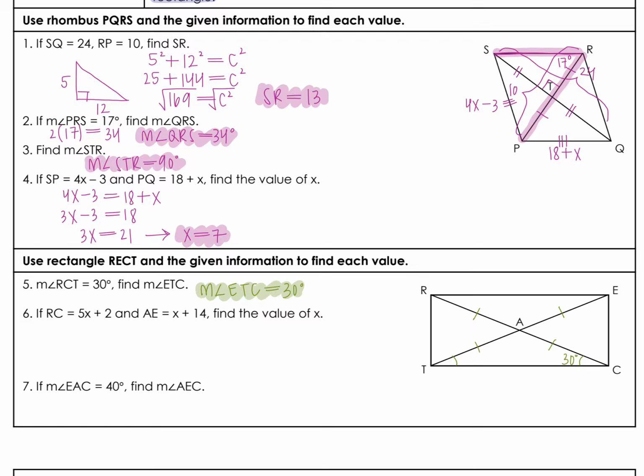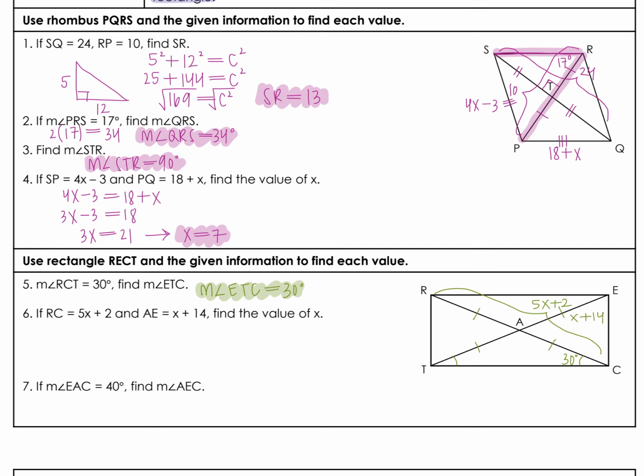Okay, so moving into number 6, we have if RC is 5x plus 2, so this entire length here is 5x plus 2, and we know that A to E is x plus 14, I'm asked to find the value of x.